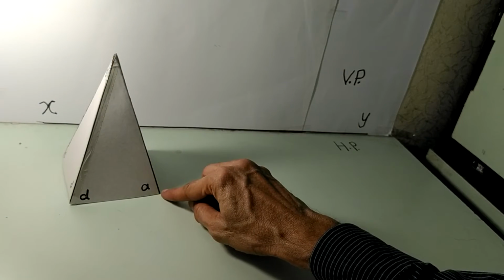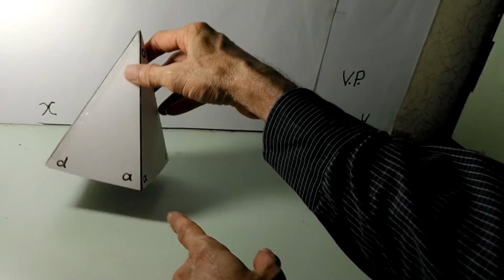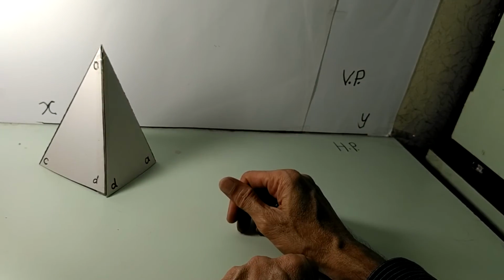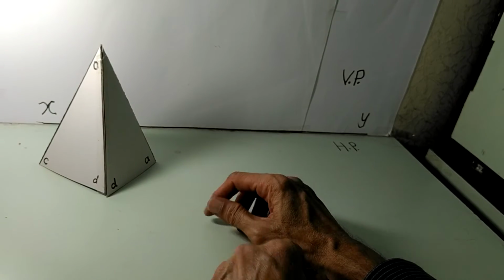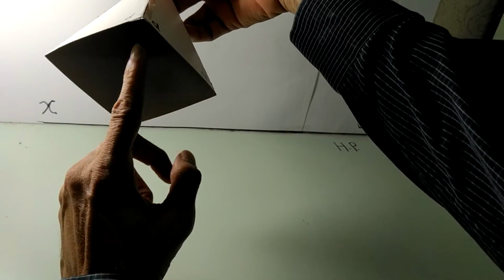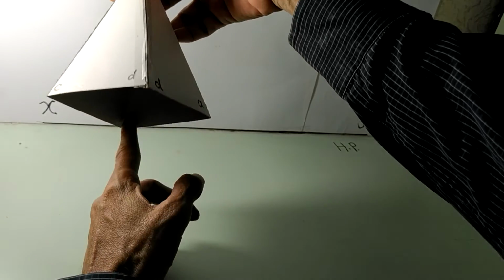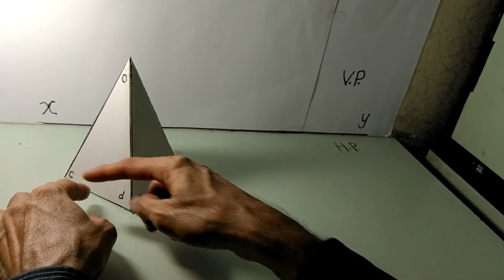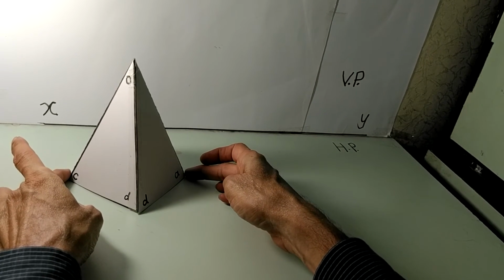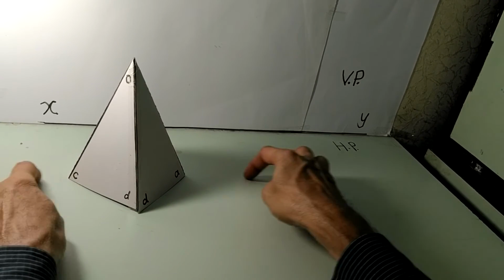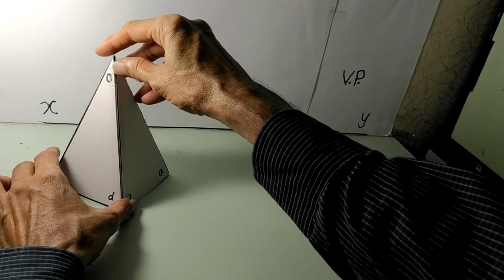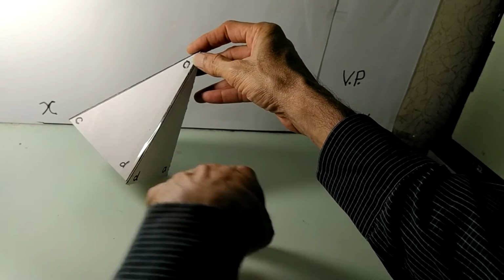Now it is going to rest only on this corner A. In which case, this is going to be our starting position. So this diagonal is perpendicular to the VP, and this diagonal CA is parallel to VP. So this is the starting position, and then when you tilt it, now it is resting only on A.